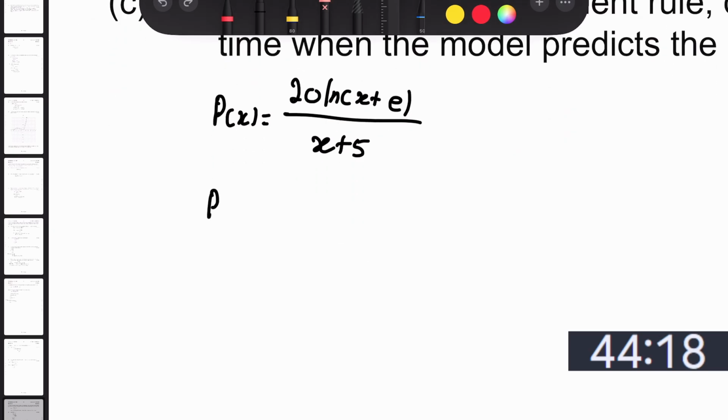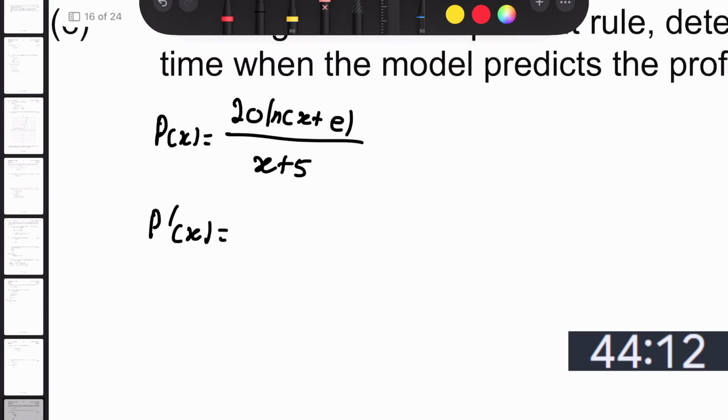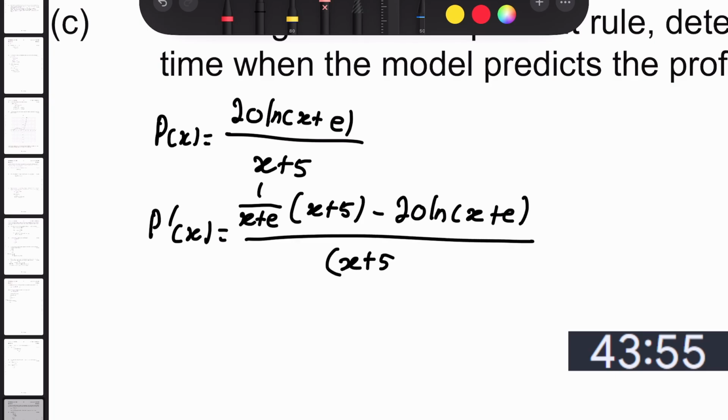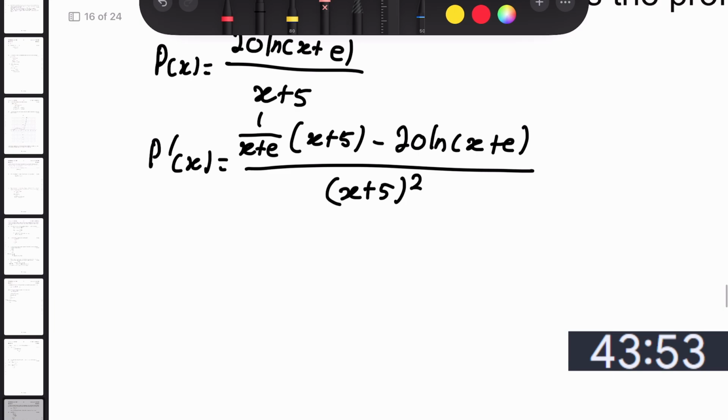So P dash of x: derivative of the top is 1 on x plus e, times x plus 5, minus, derivative of the bottom is 1, so minus 20 ln of x plus e, all over x plus 5 squared.